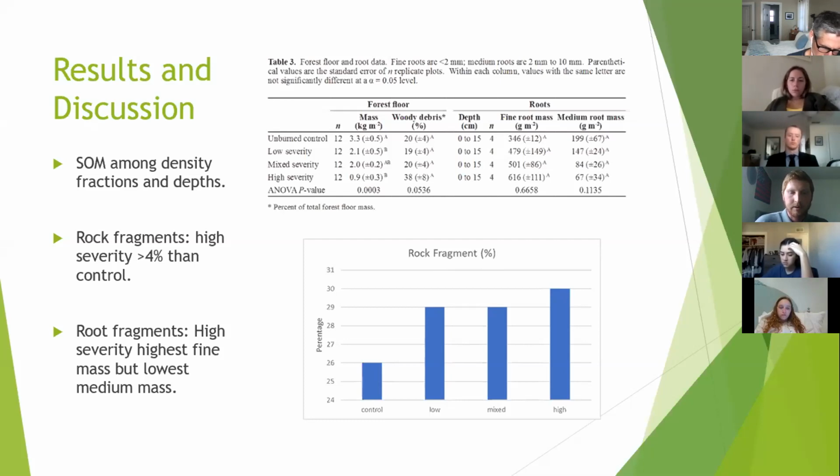As for areas that experienced high severity burning, it also shows changes in forest floor composition, with evidence that woody debris in the litter layer was nearly double that of unburned control stands. Qualitatively, fine root abundance seemed to increase with increasing burn severity, while medium root abundance seemed to decrease with increasing burn severity.